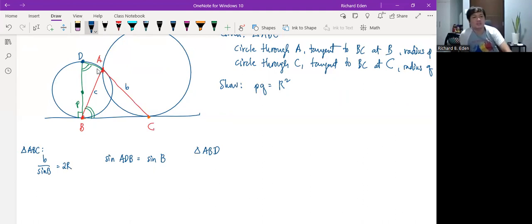So ibig sabihin, doon sa left circle, kailangan ko ng isang triangle. So with AB, diniretso ko to point D. So in ABD, okay, c over sine of ADB, what's this equal to?